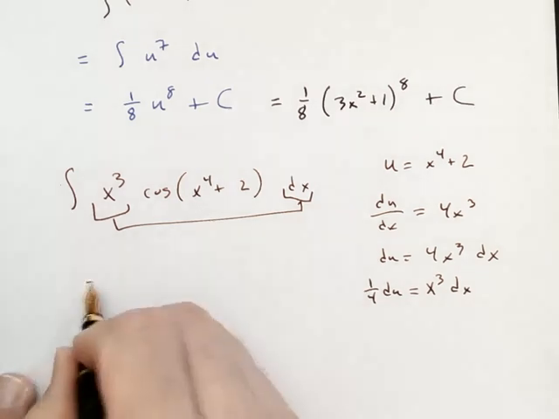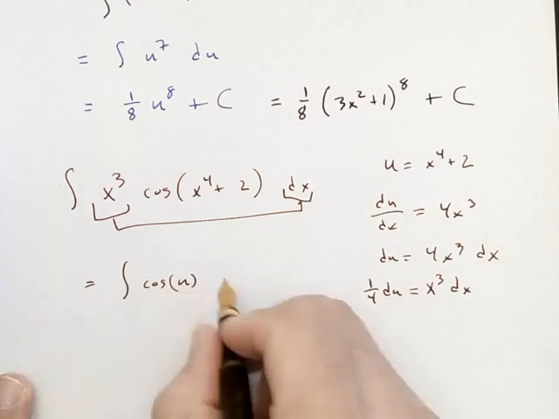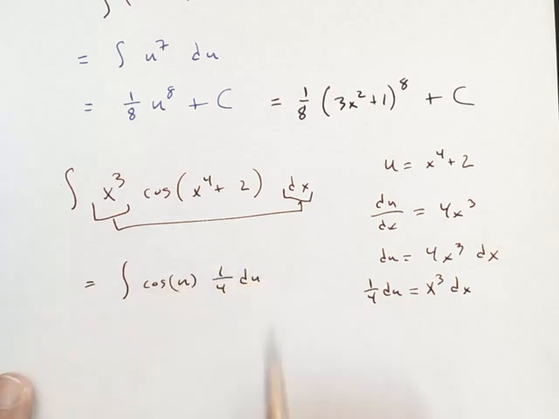And so this integral becomes cosine of u times 1/4 du. But like I just said, if I take a derivative and there's a constant in front, I leave the constant in front. Well, that means that works for antiderivatives too. So I can take that 1/4, pull it out front, leave it there.